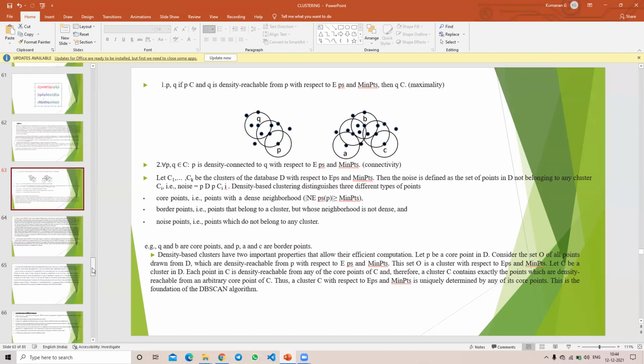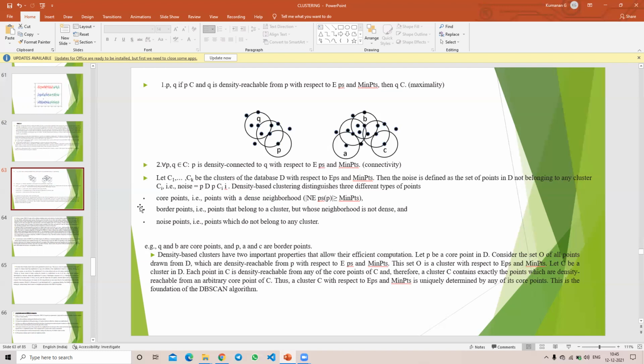Let C1 to CK be the clusters of database D with respect to EPS and minimum points. Then the noise is defined as the set of points in D not belonging to any cluster Ci. That is, noise equals {p in D | p not in Ci for all i}.